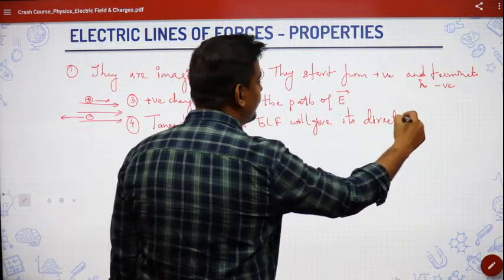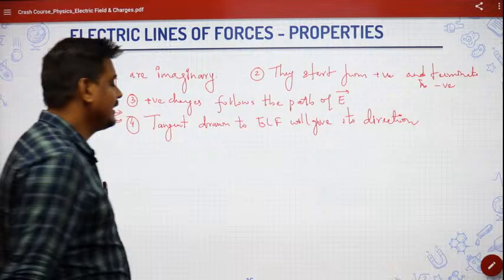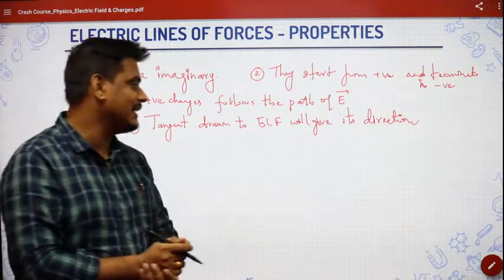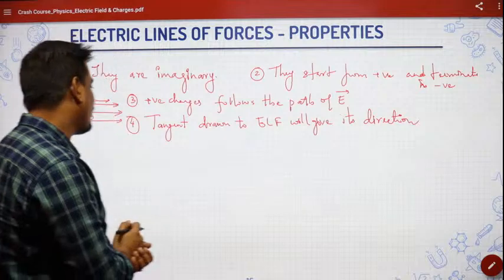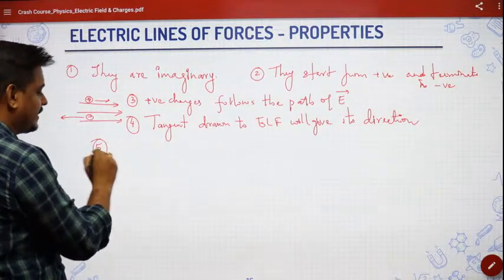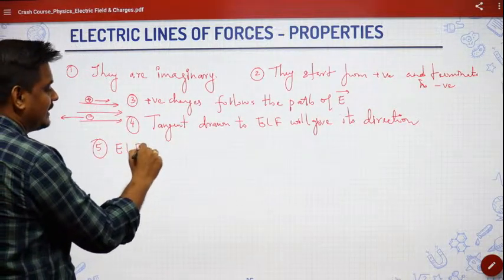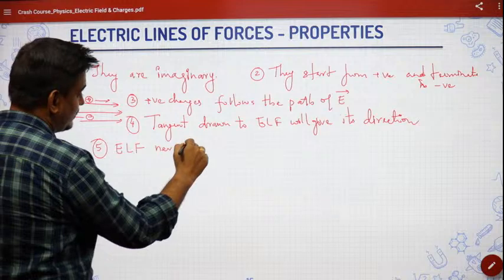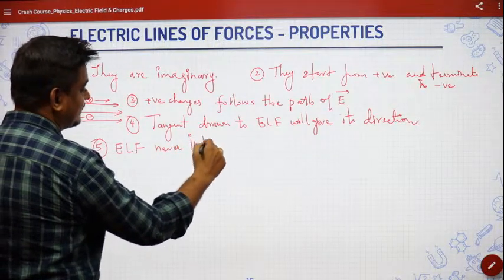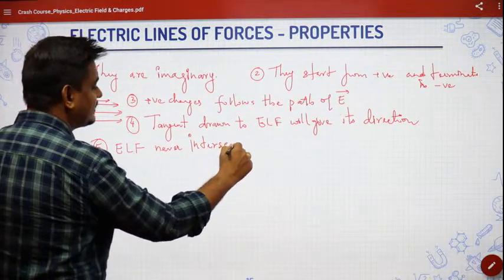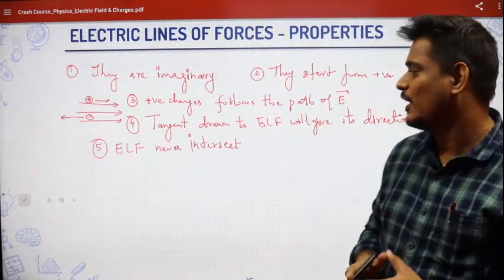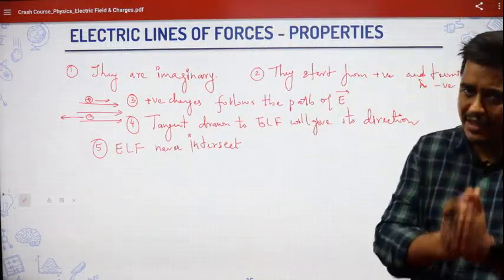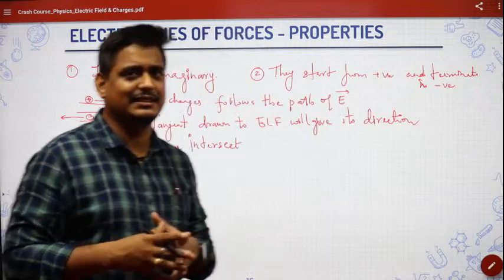That can be easily found out by the tangent drawn to any electric line of force. Next thing is, they cannot intersect. Electric lines of forces never intersect, because if they intersect, then at the same point you will have two different directions of electric field, which is not possible. So electric lines of forces will never intersect.